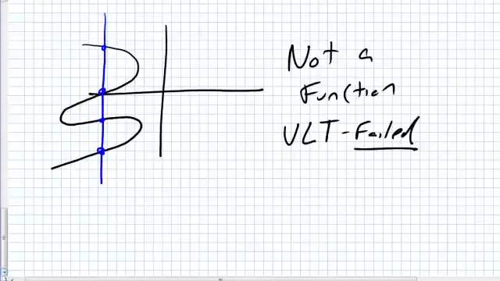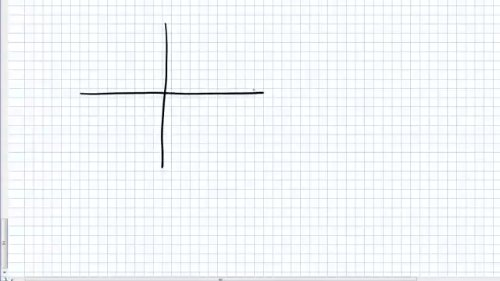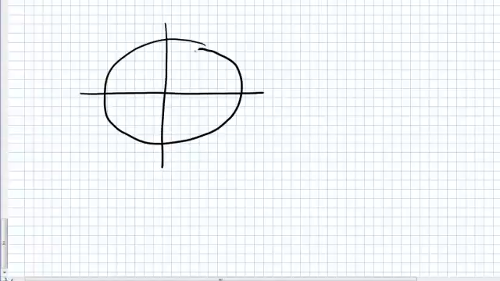All right, we'll do a couple more. So let's say I have a function that's a shape. I shouldn't say function, I should say a relationship that's actually a circle, and you can see right away it breaks it here and here.